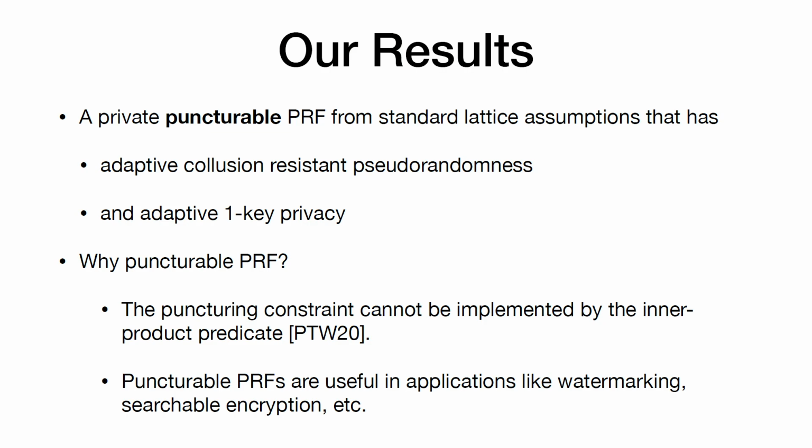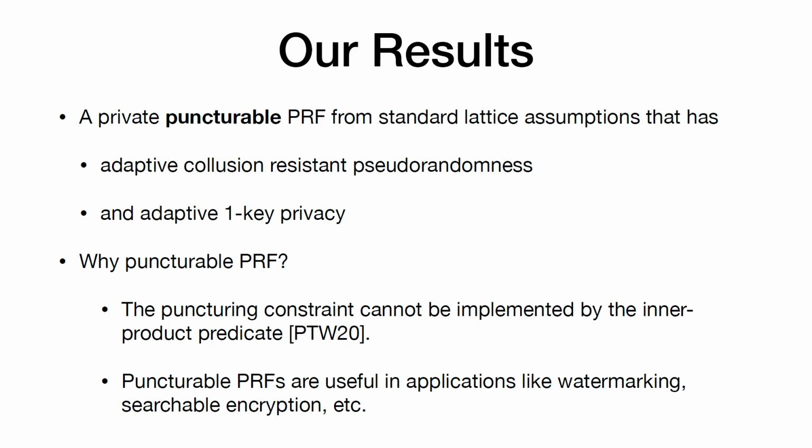There are two reasons. For the first reason, as shown by PTW20, in some scenarios it is possible to construct a constrained PRF for the inner product predicate, but it is not possible to construct a puncture PRF. That is, the puncturing constraint can't be implemented by the inner product predicate.